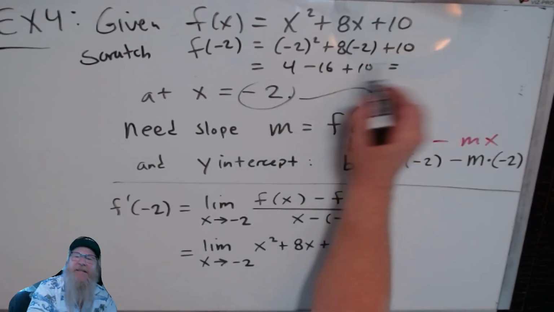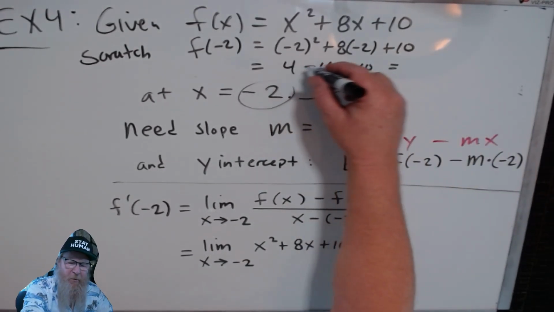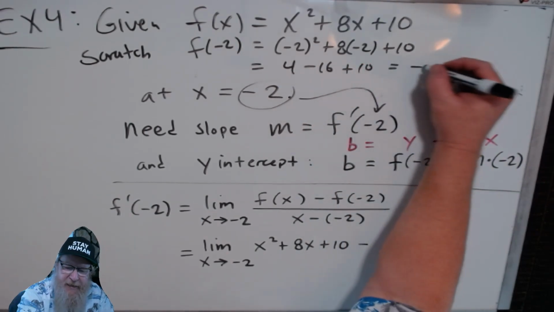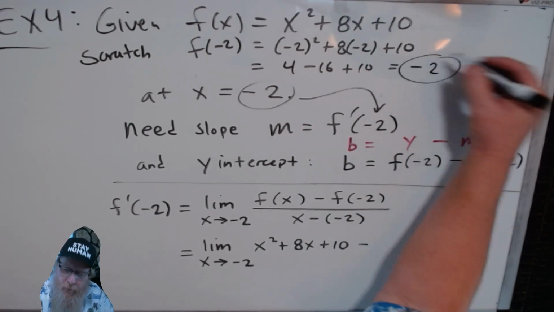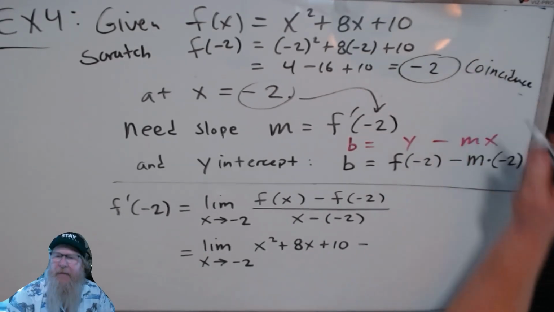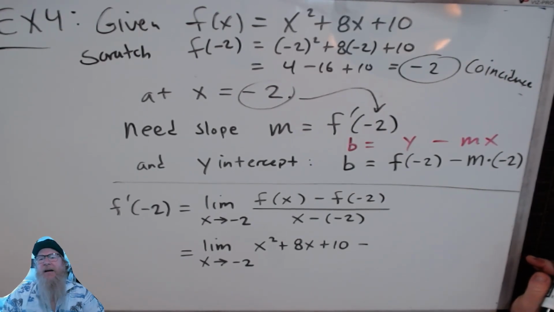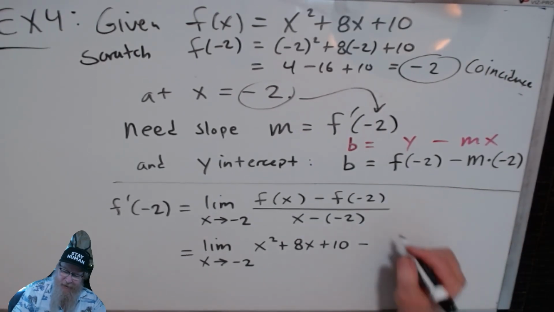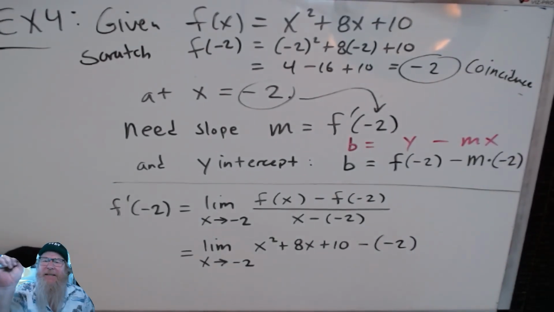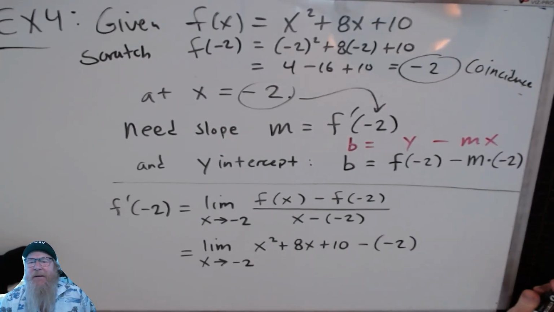It's always just basic arithmetic. 4 minus 16 is negative 12 plus 10 is, oh, negative 2. Coincidence. That's not going to happen very often. So f of negative 2 is this time negative 2. It just means that the line happens to pass through the point negative 2, negative 2.